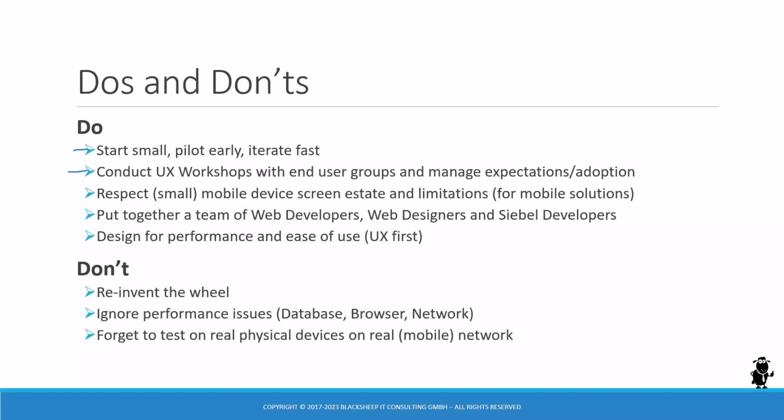You need to conduct UX workshops with your end users, manage expectations, manage adoptions, tell them that it's a small screen they will have if you have a mobile project, even if they don't believe it, and put together a team of web developers, web designers, and Siebel developers. So get the best team for the job.